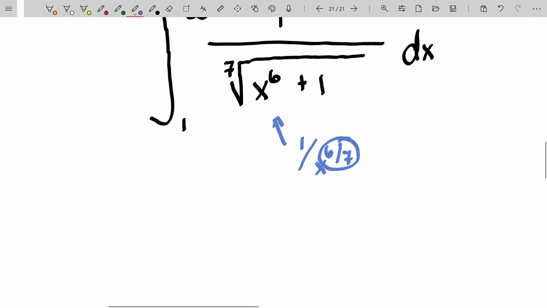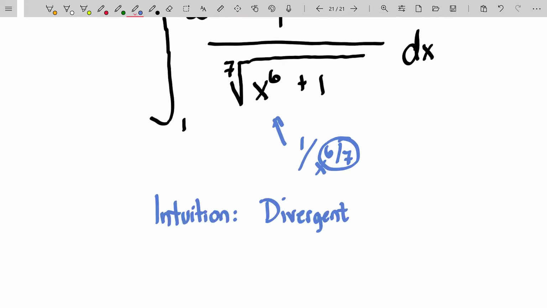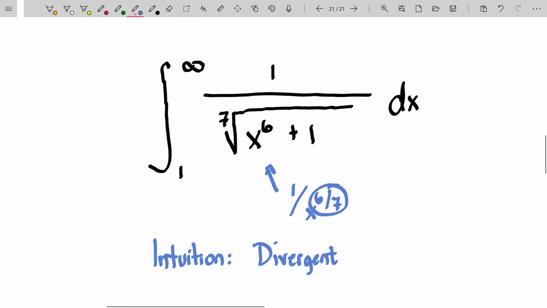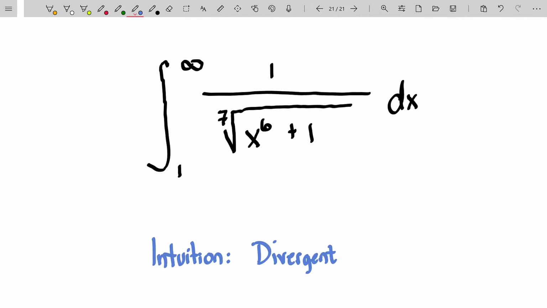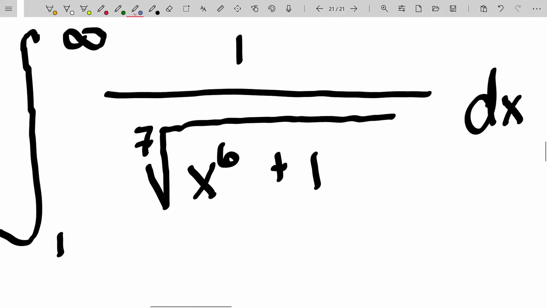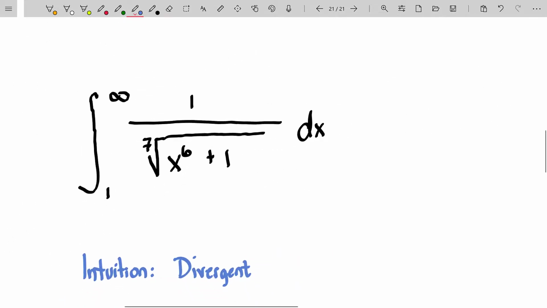So I'm going to write down my intuition. I think this integral is divergent. In fact, I know it is. So we need to compare the integrand to a fraction that is less than that integrand.